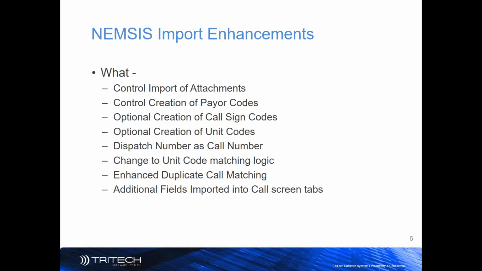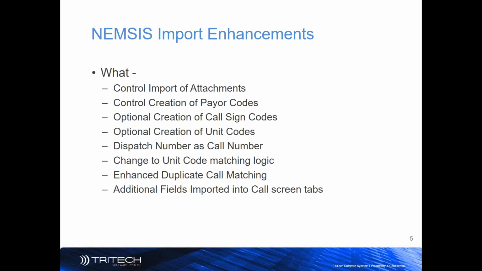When we initially created the Nemesis Import, our goal was to get as much information from the Nemesis response into billing as possible. And we've deemed that the policy number was something really important if it was being gathered that we wanted to get into the patient payer data.